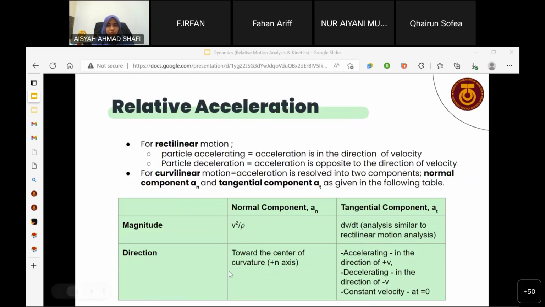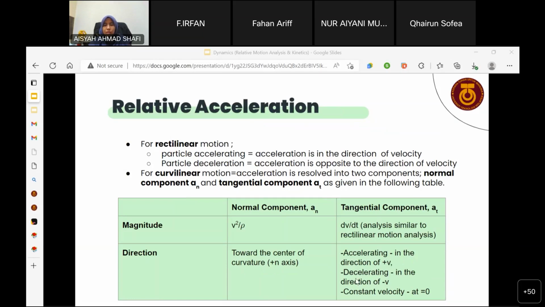This is the analysis similar to the rectilinear motion. For the direction of the AN, it is toward the center of the curvature, that is in the positive direction of the normal axis. And for the tangential component of the acceleration, when it is accelerating, the AT is in the direction of the positive velocity.